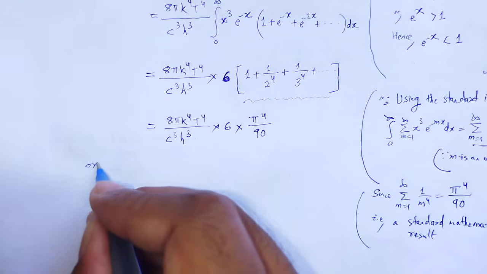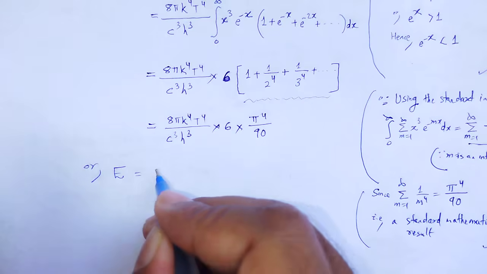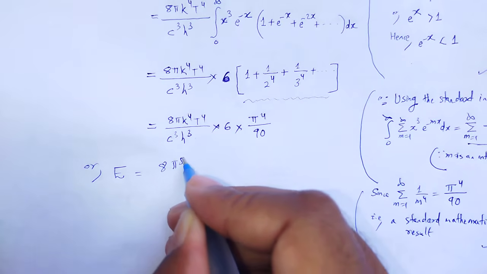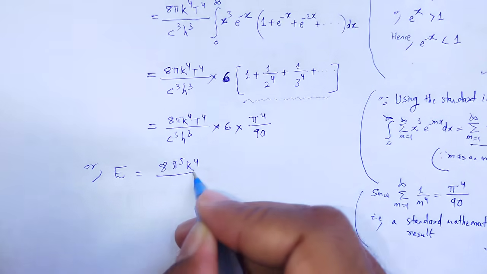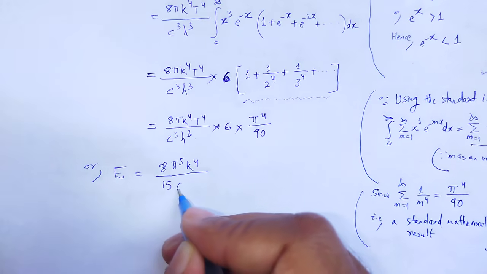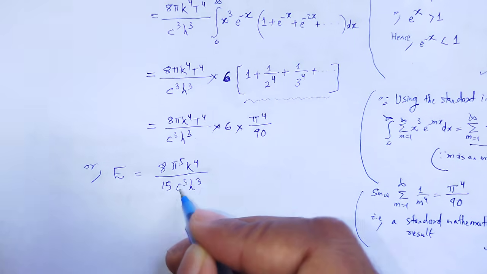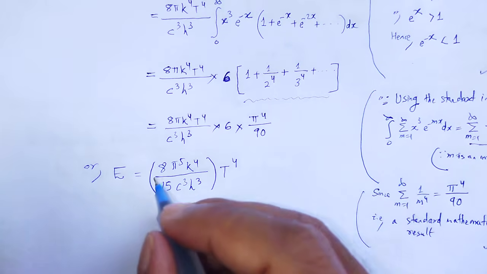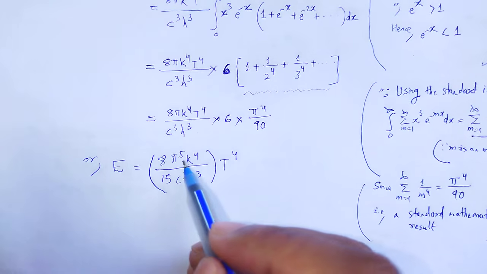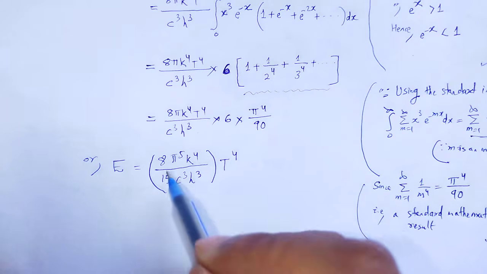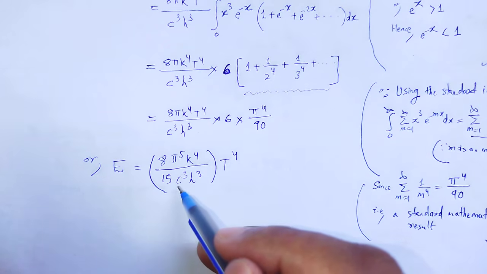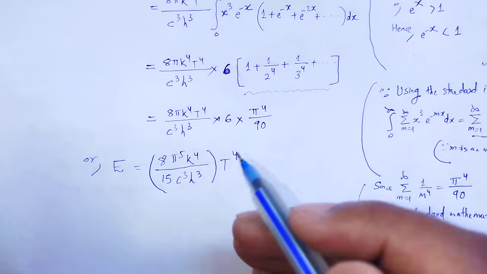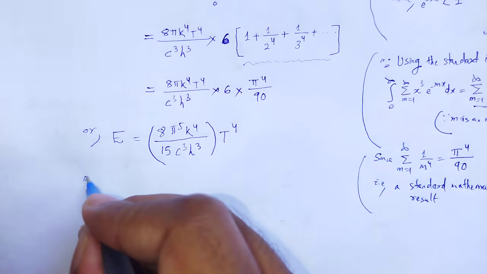Entirely, E is equal to 8 pi to the power 5th k to the power 4th divided by 15 c cube h cube, t to the power 4th. All these terms pi, 8, k, c, h are all constants: k is the Boltzmann constant, c the velocity of light, h Planck's constant.